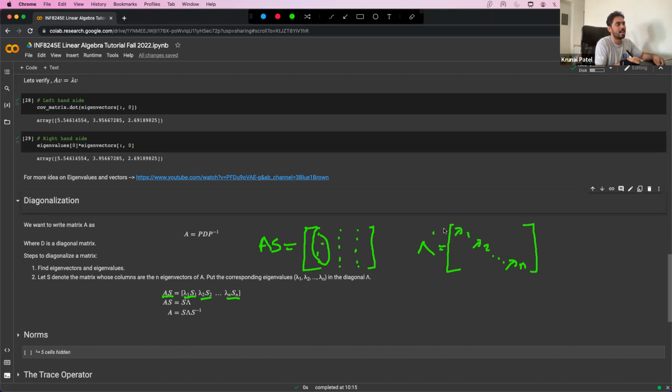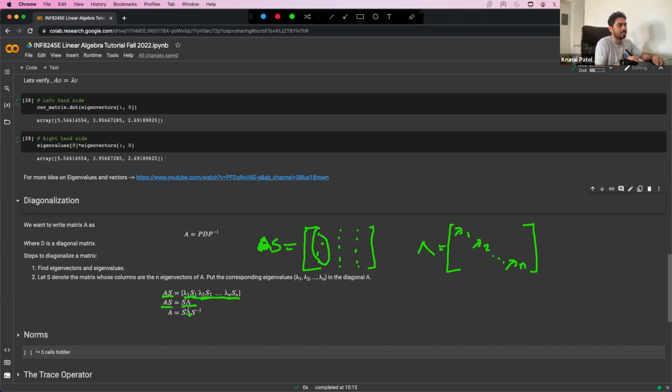Lambda is a scalar, so you can put it on the right-hand side also. It's exactly the same as S1 times lambda 1, S2 times lambda 2, S3 times lambda 3, and so on. Okay, this is not AS, this is S. So S times Lambda is basically this matrix. So I just say that AS is the same as S Lambda.